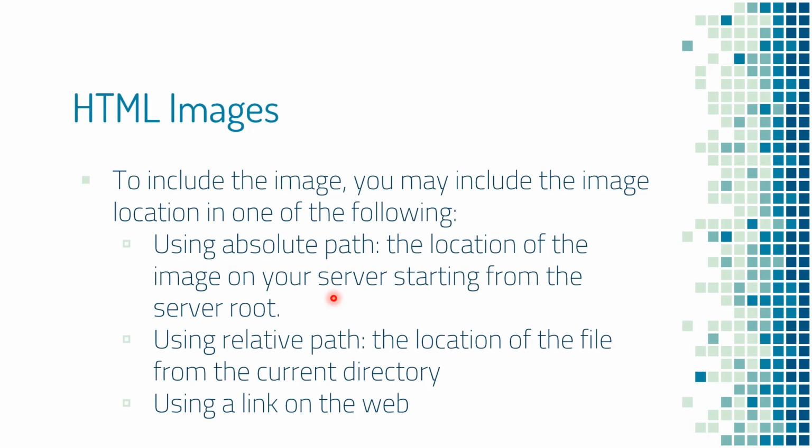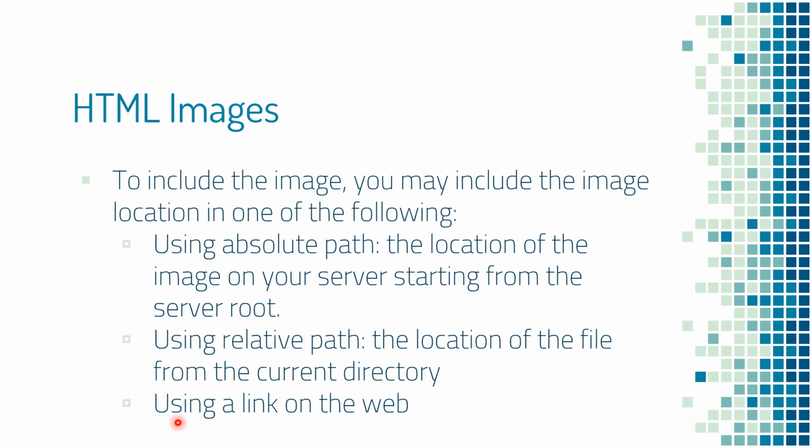So one of them is to use the absolute path starting from the root to the image, and another one is using a relative path, where the location of this image starts from the location of the file you are visiting, and we will see it in a bit.